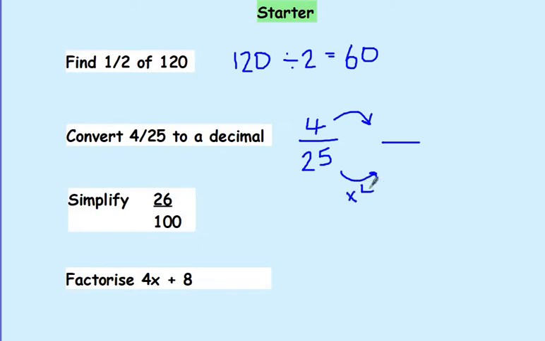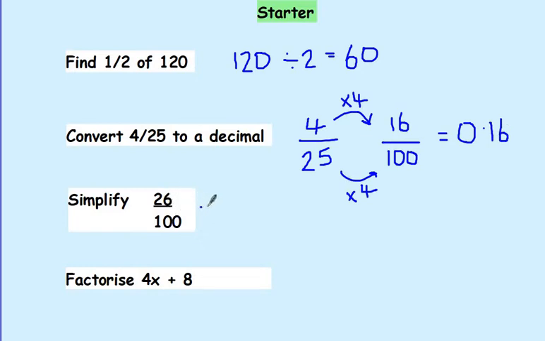In this case, I'm going to make my denominator 100, which means that my numerator is going to be what, Edie? 16, lovely. Multiplying top and bottom by 4, 16 over 100 we can write as 0.16.